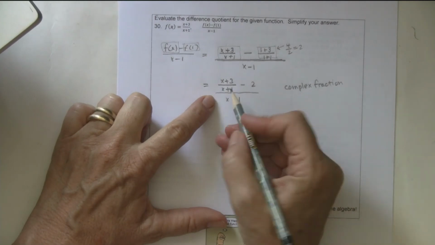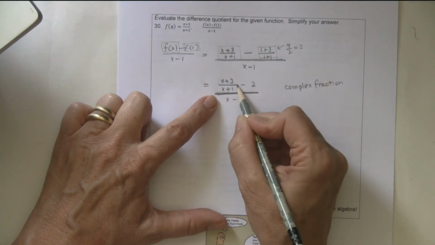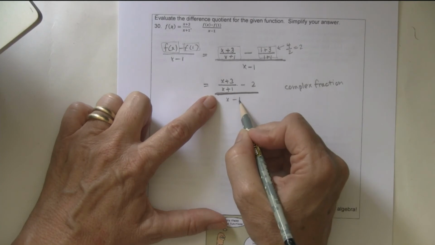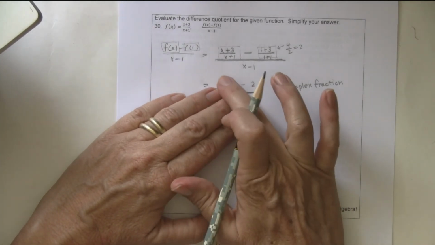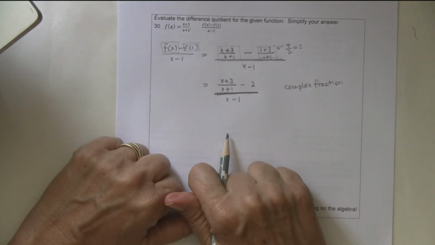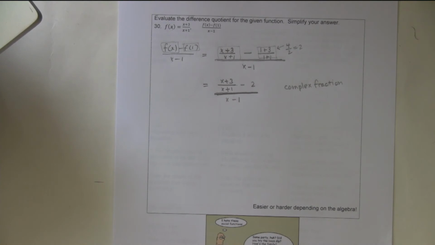Looking at this as my main fraction bar, this is the numerator, and this is the denominator. Well, in the numerator, I have a fraction. There it is, right there. And that's called a complex fraction. And it's not simplified to have a fraction within a fraction like that. So we have methods of simplifying it.